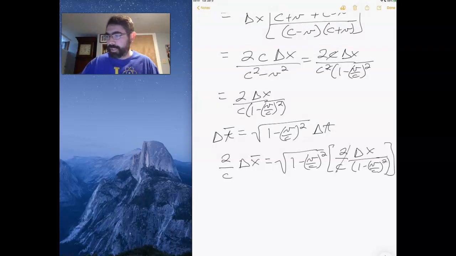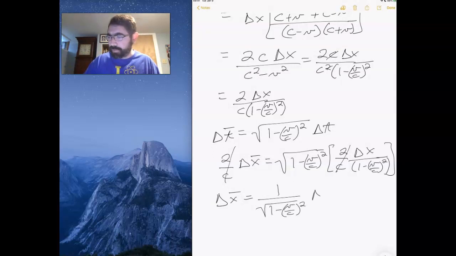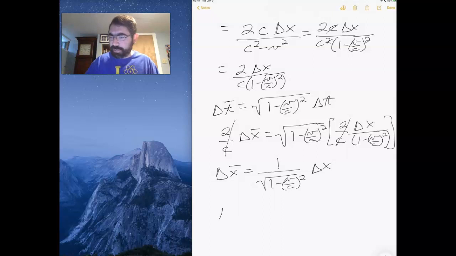So the two c's cancel. I cancel out a square root there, so I have delta x bar is 1 over the square root of 1 minus v over c quantity squared, like so. And if I plug in the gamma factor, I get delta x bar is equal to gamma delta x.